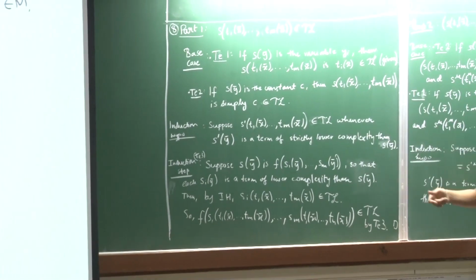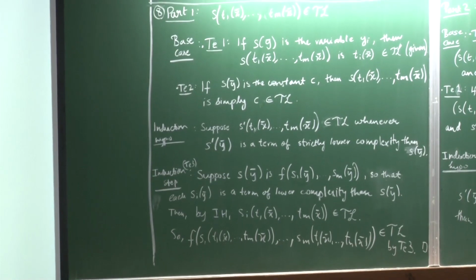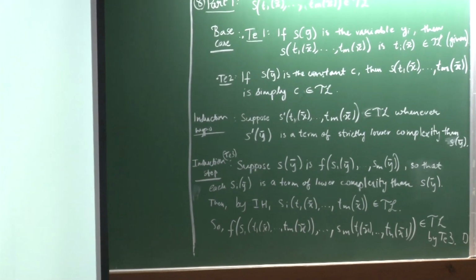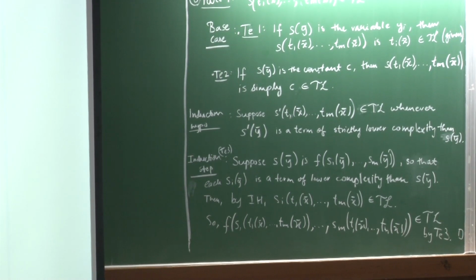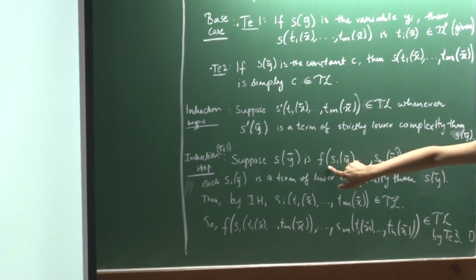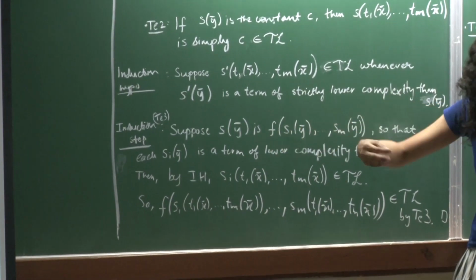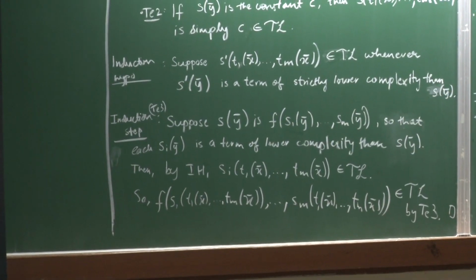Yes, you will have to refine that notion, but we don't need the exact definition to know what is going on in the proof. You just know that if you apply something to something else, then you get a term of higher complexity. Okay.